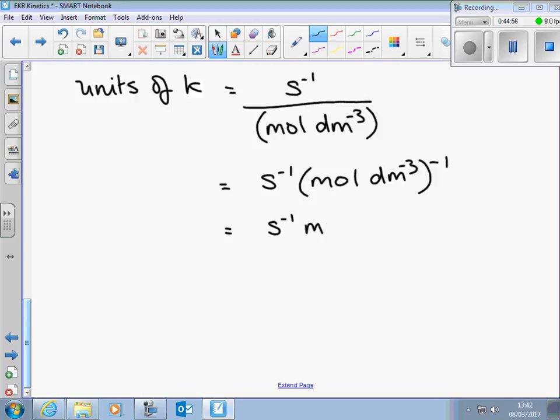We've got moles to the minus 1, but decimeter cubed to the 3. So what we end up with here is moles to the minus 1, decimeter cubed per second. And that is not a unit that means anything, is it? It's like per moles decimeter cubed per second. And this is why I say it's a bit of a fiddle factor, that the units of k do vary just to get back to what's on the left-hand side.